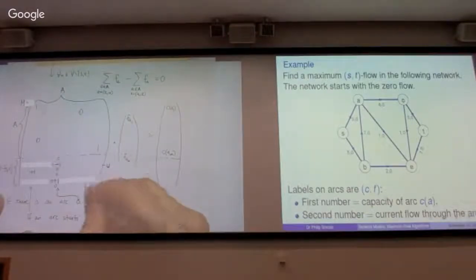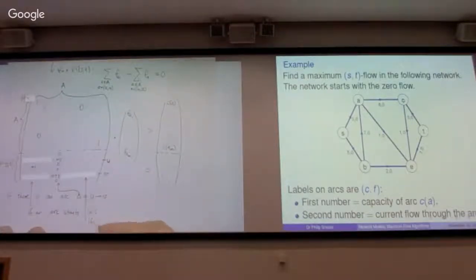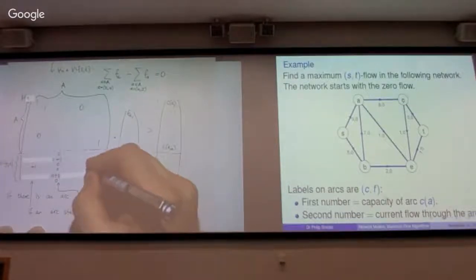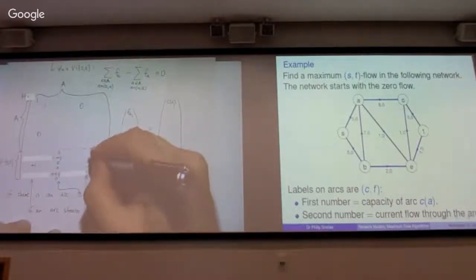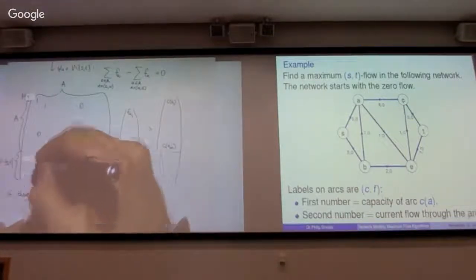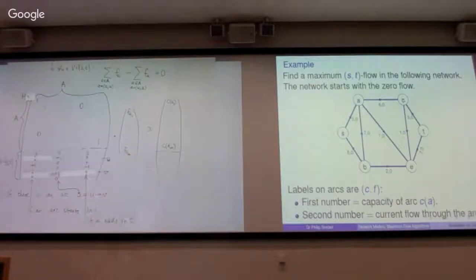And if an arc ends in T, then it only has a -1 somewhere and 0 everywhere else. That is because we have no row for S and no row for T. S and T don't have a constraint.